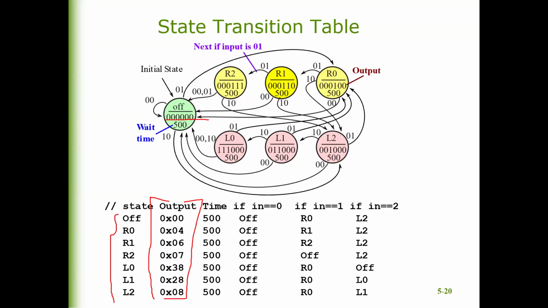For example, R2 is 7, because this is bit 0, bit 1, bit 2, that's exactly 7, right? So that's why we have 0x07 here. And time is just the wait time. We have 3 inputs. It's either we do nothing, or we turn left or turn right. So that's why we have 0, 1, and 2. And the following is just how we switch between the states, okay?